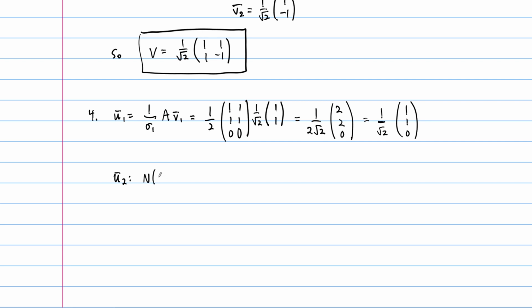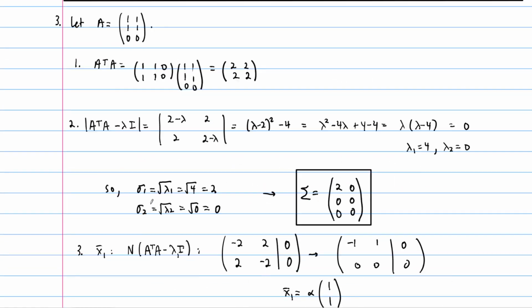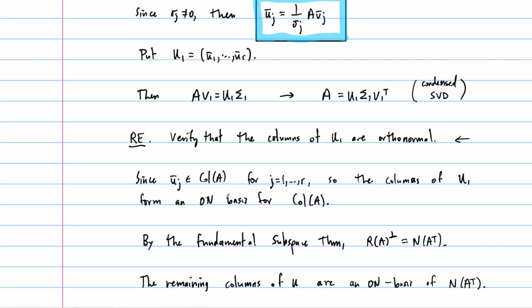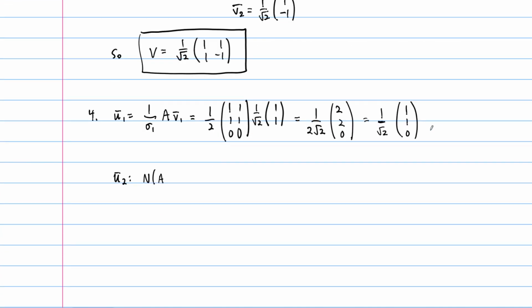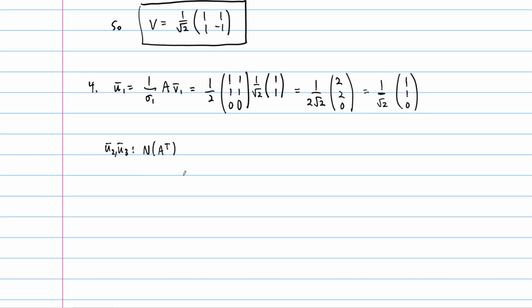Sorry, the rest of these come from the null space of A transpose. So U2, this is really going to be U2 and U3. U2 and U3 are going to come from the basis of the null space of A transpose.